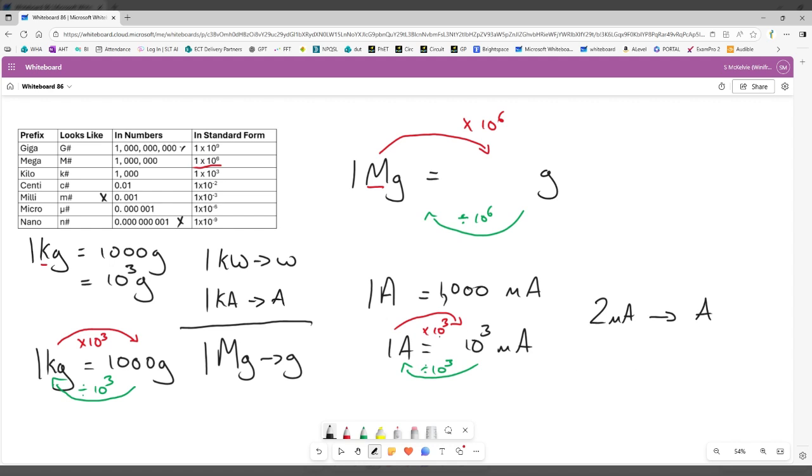I would see that to go from milliamps to amps, I divide by 10 to the power of 3, and that's what I do. Milliamps to amps, divide by 10 to the power of 3, gives me an answer of 0.002 amps. We can do that in scientific notation as well if we want.